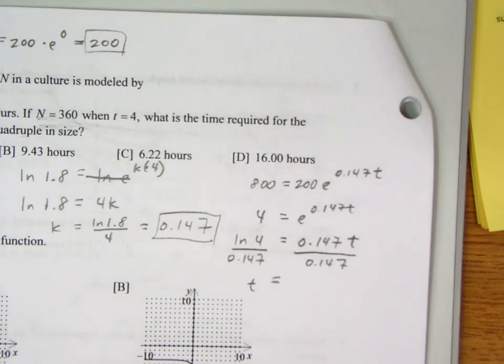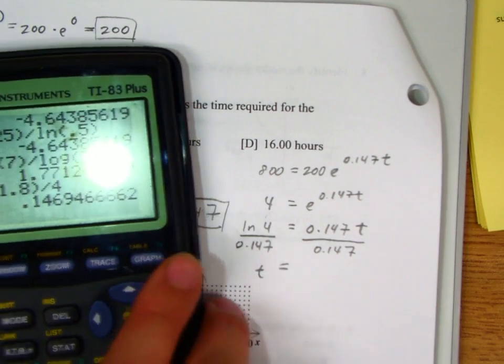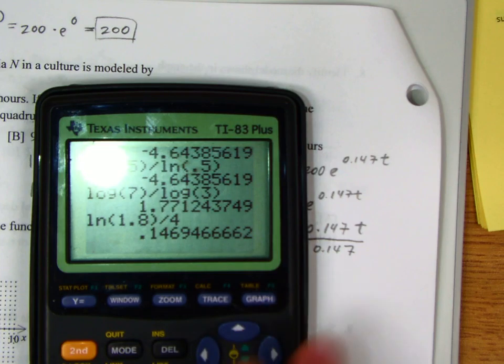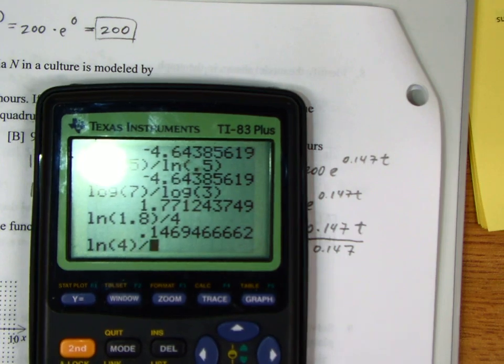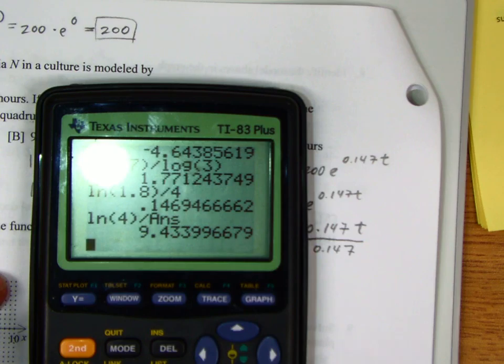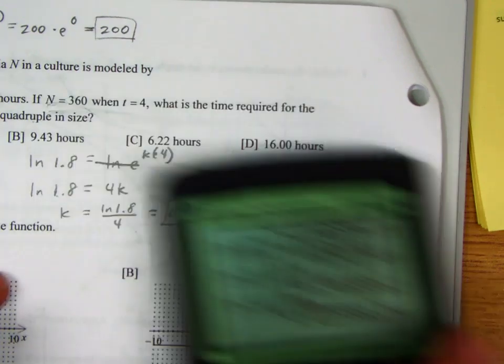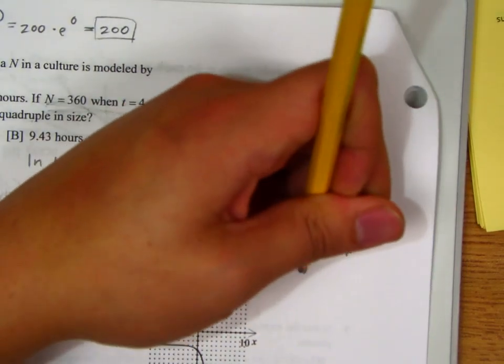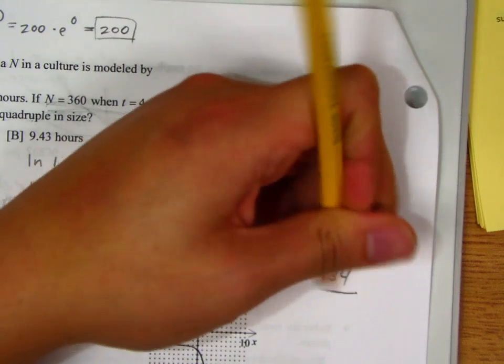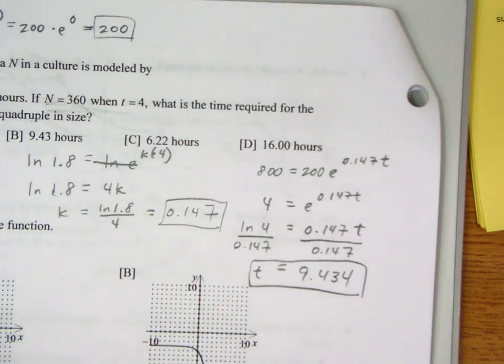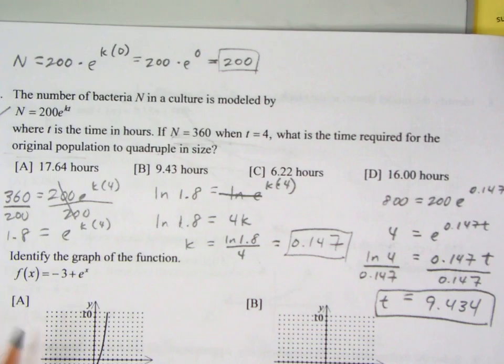T equals natural log of 4 divided by 0.147. We'll just use the answer up there. So the answer is 9.434, and we can see the answer is B.